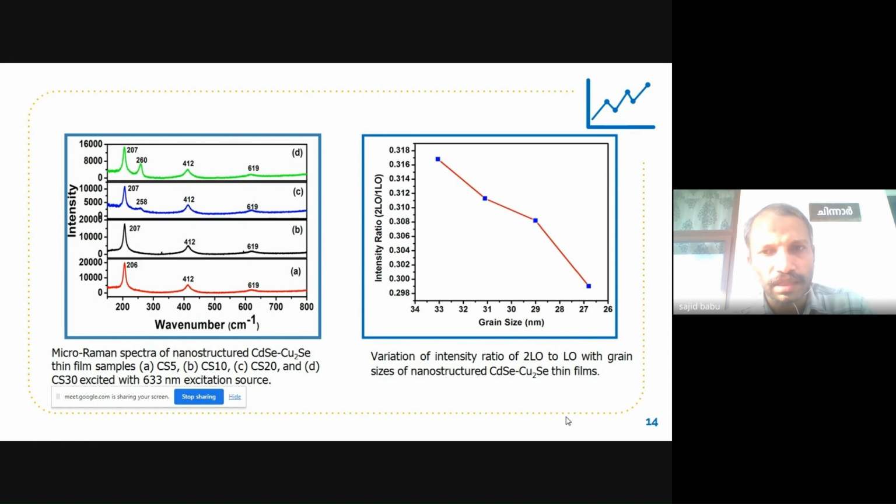The intensity ratio of 2LO to 1LO for the filling percentages 5%, 10%, 20% and 30% was obtained as 0.32, 0.31, 0.3 and 0.29 respectively. That means the intensity ratio decreases as the Cu2S weight percentage increases.